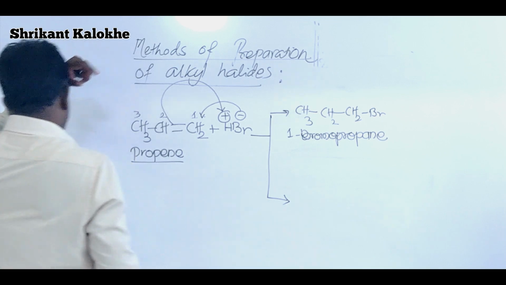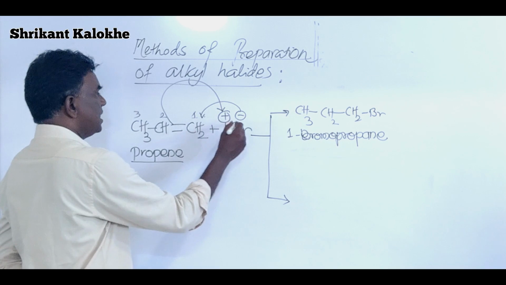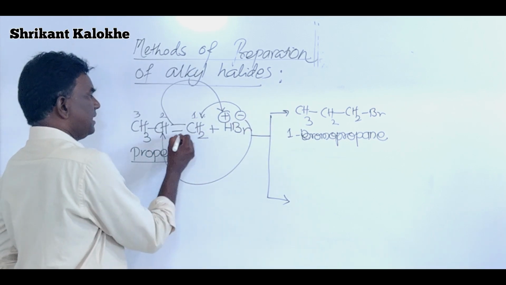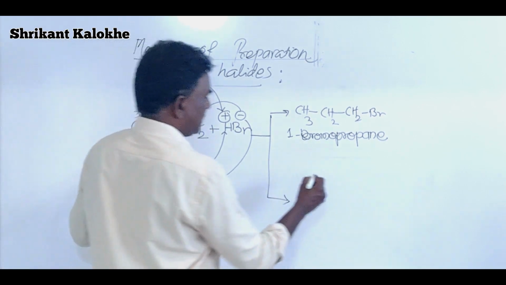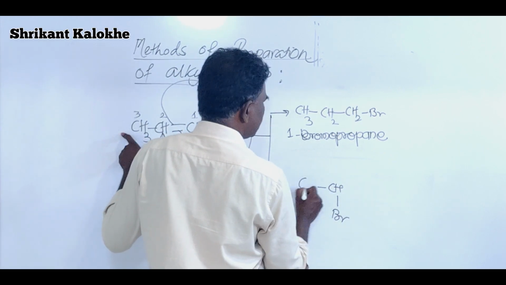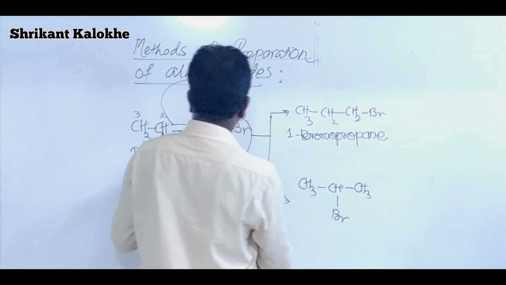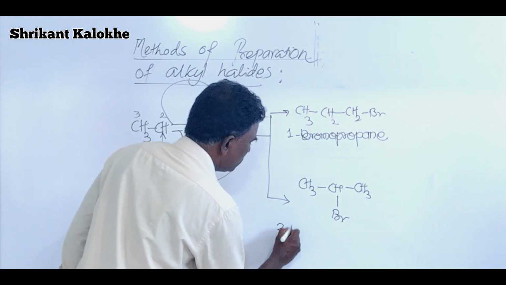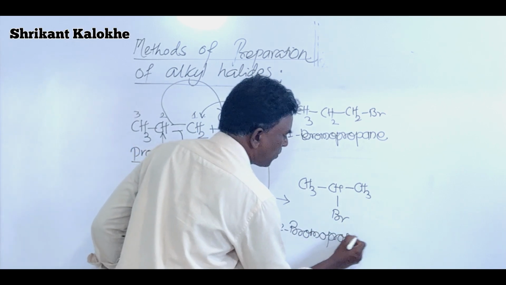And if the addition is done in opposite manner, means if Br is attached to second carbon and if H+ is taken by first carbon, then we will attach Br to second carbon in this way. Br, the previous CH3 as it is, and this CH2 has now become CH3 after the addition of H+ into that, and the second product will be 2-bromopropane.